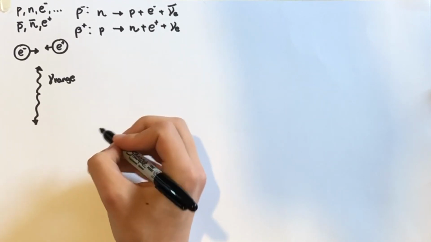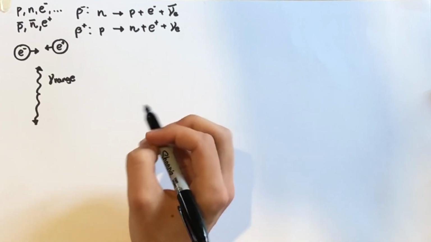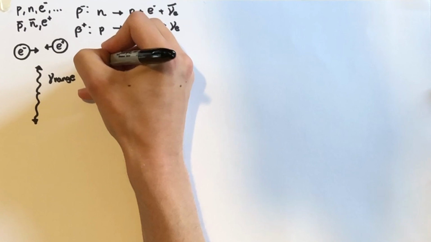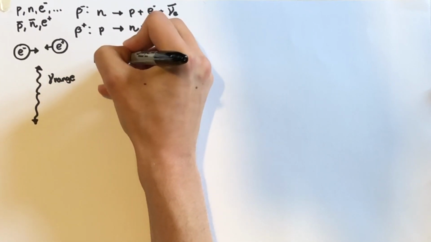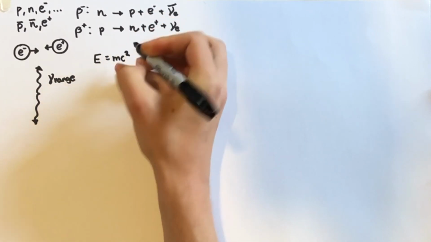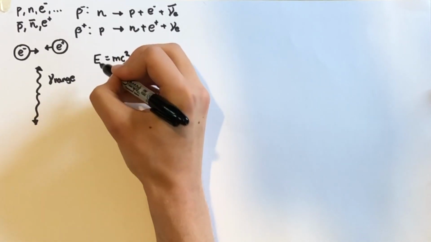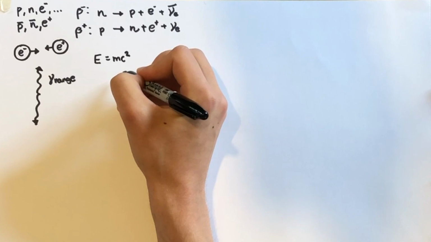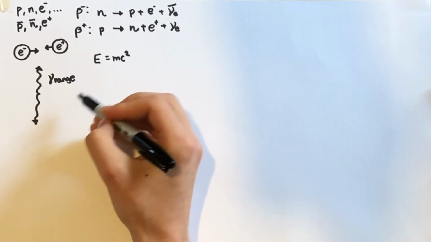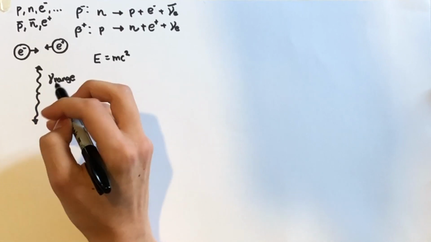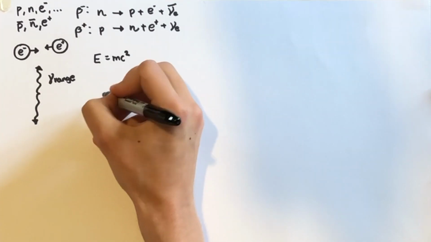However, before then, it was Einstein that showed that energy and mass were linked by his famous equation, E equals mc squared, which said that there was a large amount of energy locked away in a small mass. And it's that energy that gets released in the form of a gamma ray photon when a particle and an antiparticle collide. So let's draw a diagram of this.